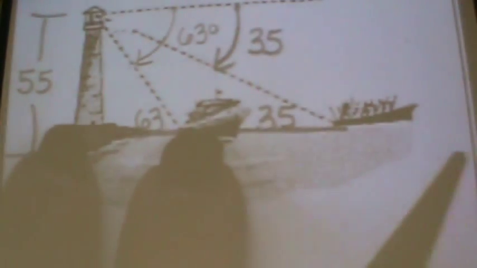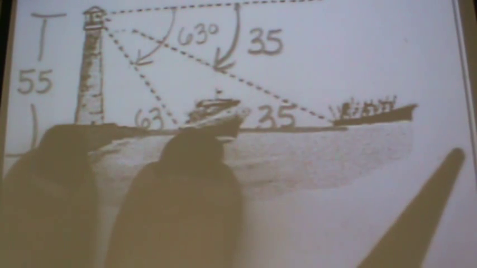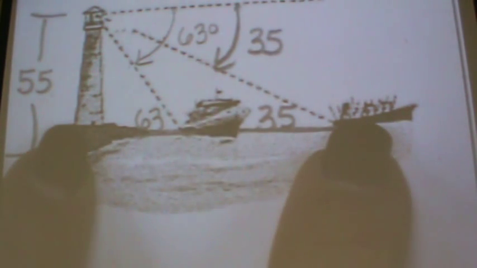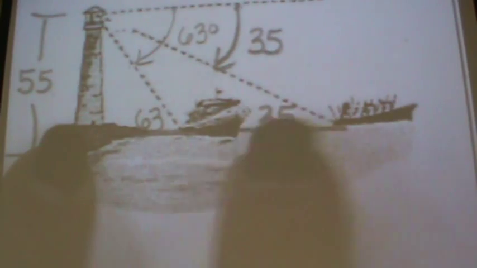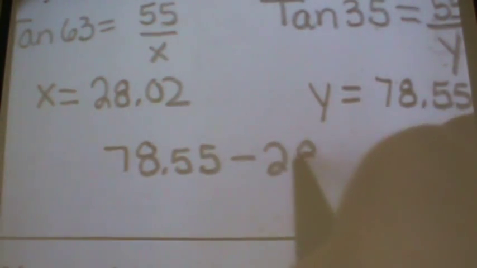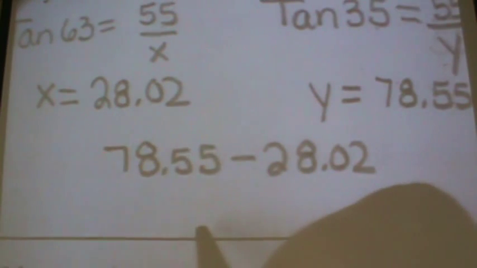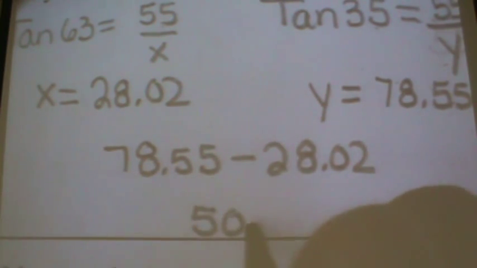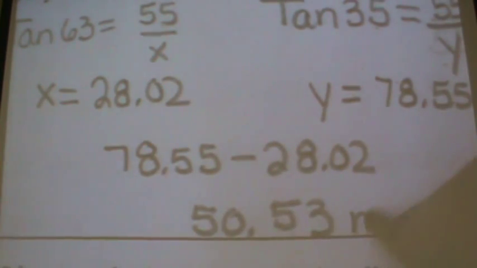Well, if from here to here is 28.02, and from here to here is 78.55, you're going to subtract those two. So take these two and subtract them. And the boats are 50.53 meters apart.